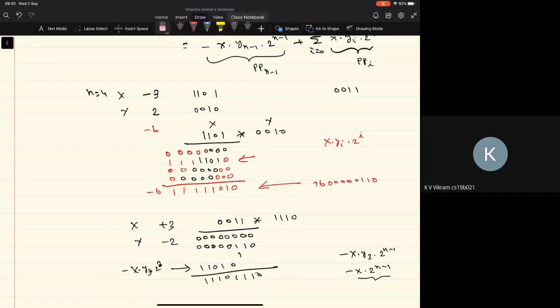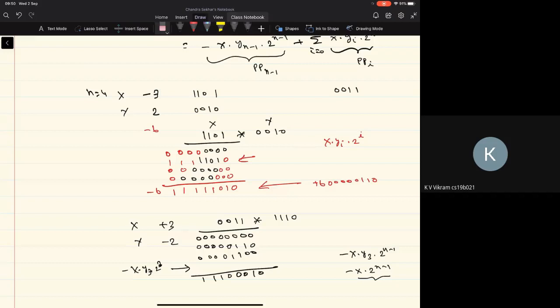Okay, thank you. So we can just quickly add this and then see. Oh, still some mistake somewhere. Oh, this is shifted. Sorry.